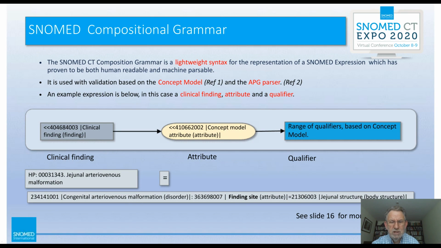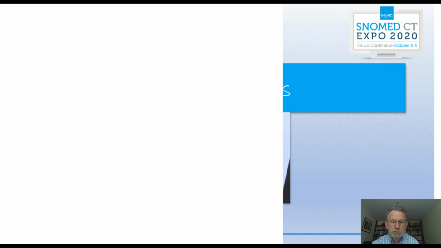An example is given here of a clinical finding, attribute, and qualifier, a triple. An example from the HPO list is jejunal arteriovenous malformation, whereas if you simply add a finding site, which is the commonest attribute, of jejunal structure, you get a simple expression which represents the refinement and meaning of the HPO concept.